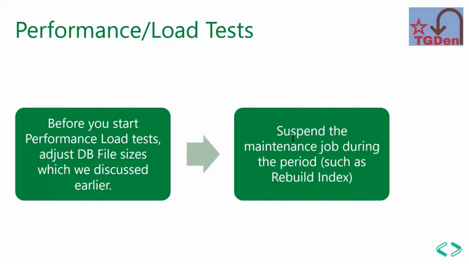There's a definitive reason. Let's say you are going to do the performance test in the lower environment, obviously. The traditional file size which you aim to create in production will not be the same while you do the performance test, because in that case you are trying to see how much load your environment can actually take.